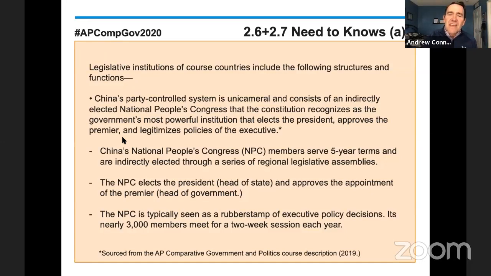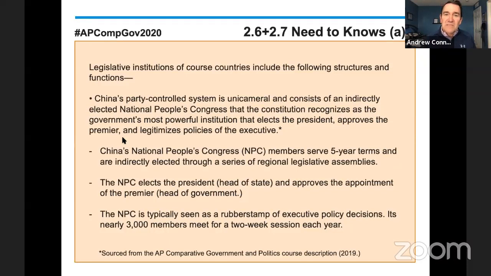The members of the National People's Congress serve 5-year terms. They are technically elected, although elected is a strong word to use. They're indirectly elected through a series of different regional assemblies. Not every member is a member of the Communist Party. There are actually other parties in China, but none of those other parties is allowed to contest or challenge the Communist Party for power.